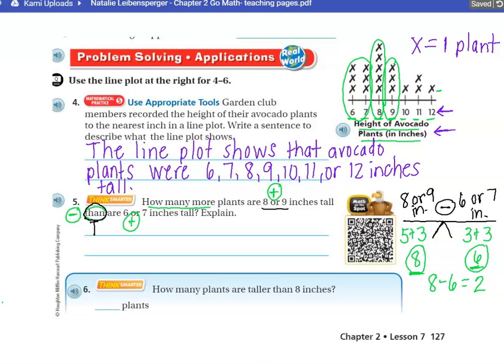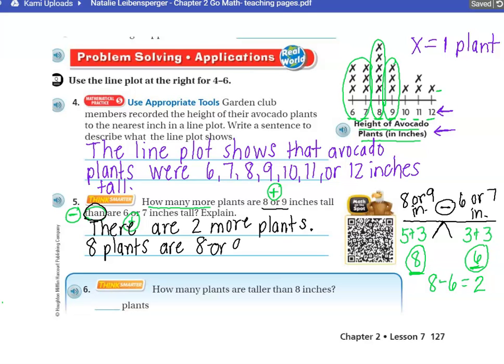So let's put, there are 2 more plants, and then I'm going to put 8 plants are 8 or 9 inches tall, and you can pause the video to help you do that if you'd like.